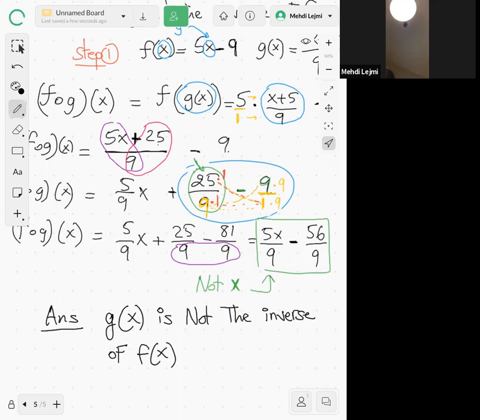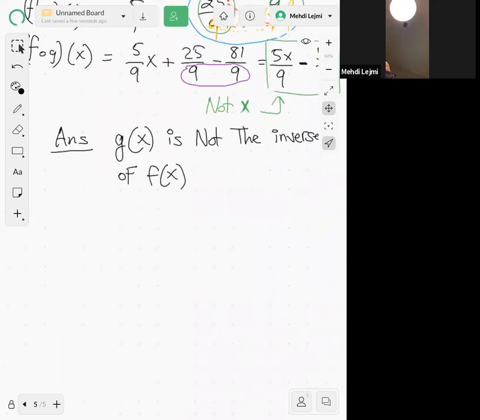All right, now let's do an example where g is going to be the inverse. So this is example number 2.